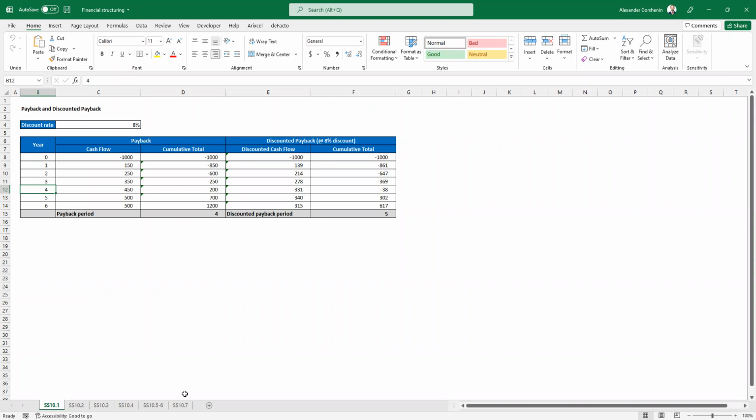We have also profit investment ratio, and it compares the NPV of future cash flows with the initial investment.